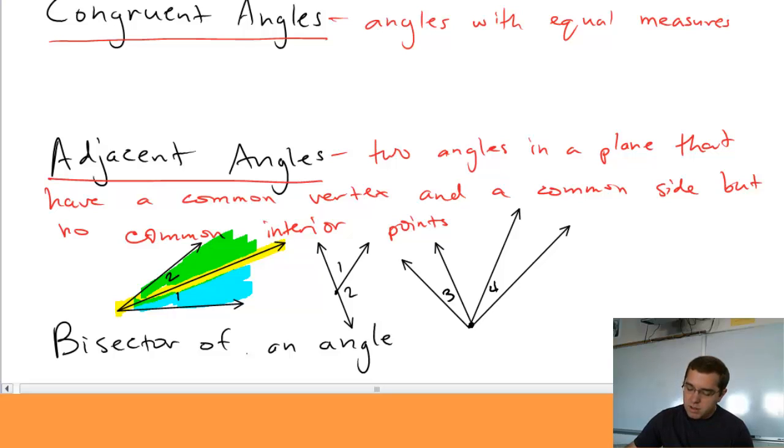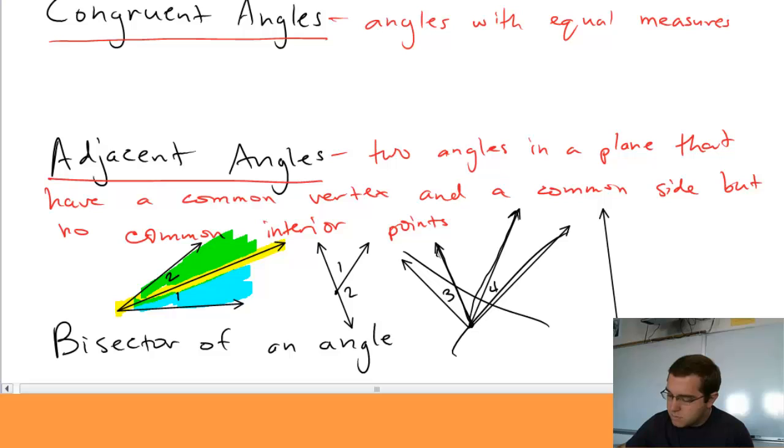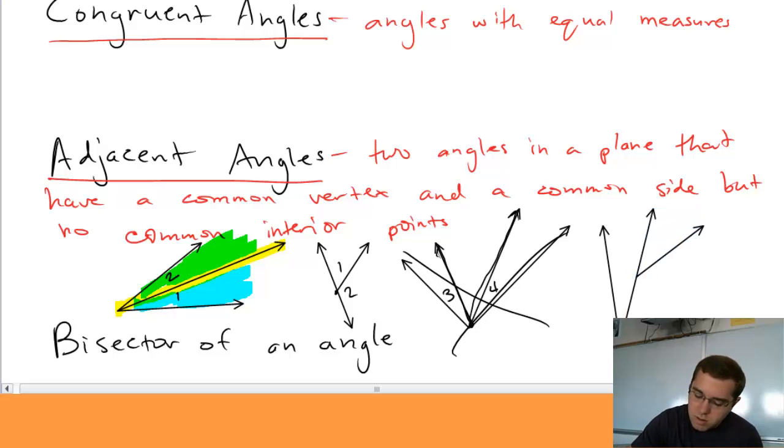Angle 3 has that side, and angle 4 has that side, and those two sides aren't the same. So they're not adjacent angles. Another example would be a picture like this. This is angle 3 and that's angle 4. Angle 3 and angle 4 don't even have a common vertex, so they can't be adjacent angles.